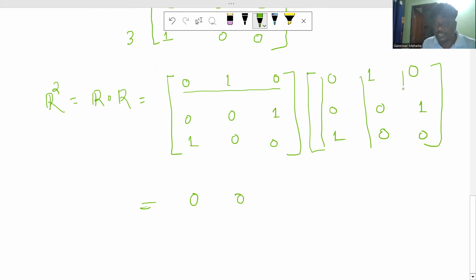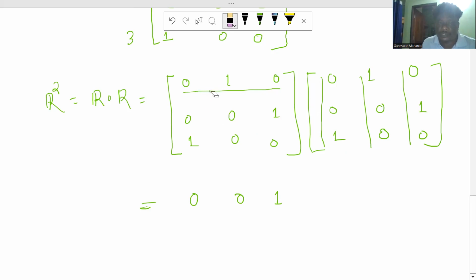First row multiplied with the third column: 0 into 0, 1 into 1, 0 into 0, that is 1. Then we find this result.